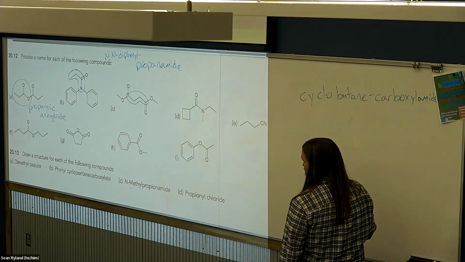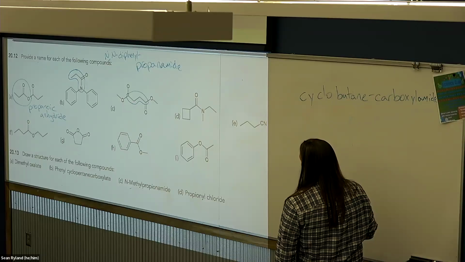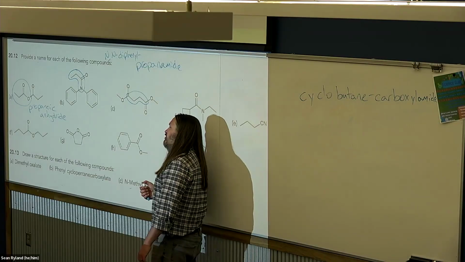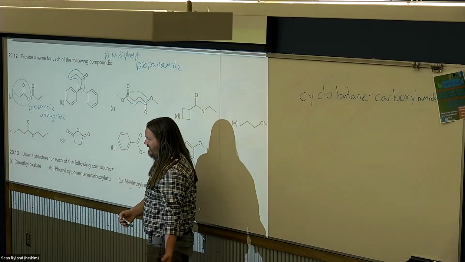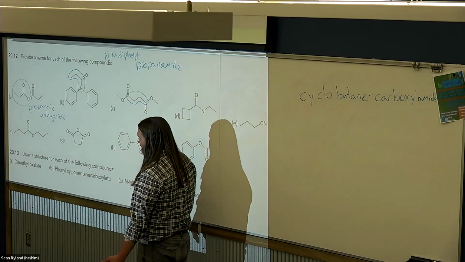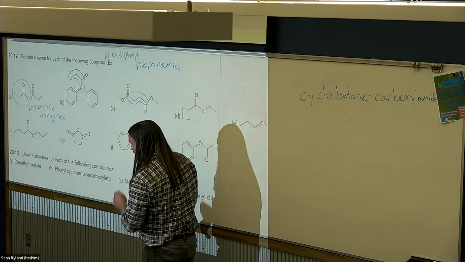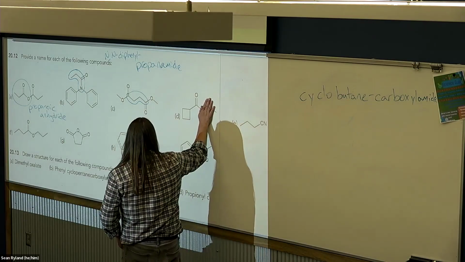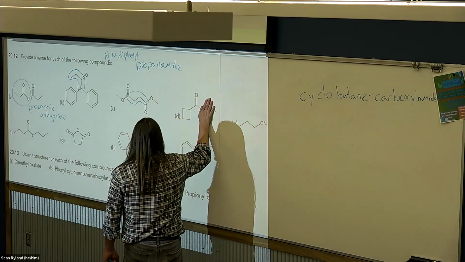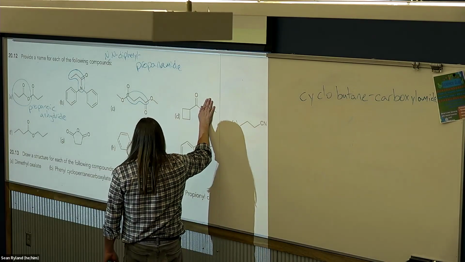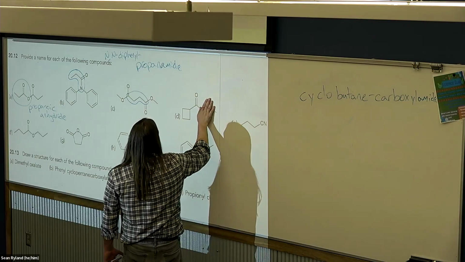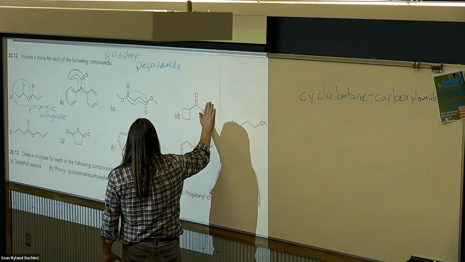Why do we do the carboxyl? Because we name it starting as an acid. These are all named starting from the acid name and tweak the acid name. So we're replacing the whole N and everything else with just the OH. That would be cyclobutane carboxylic acid. Then we drop the ic acid and write amide.